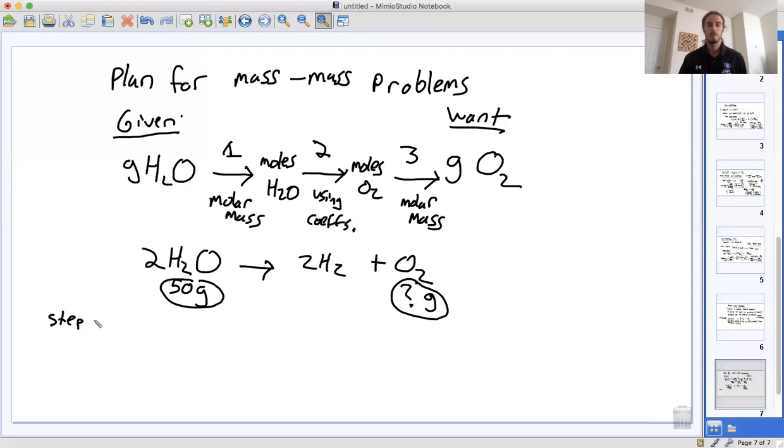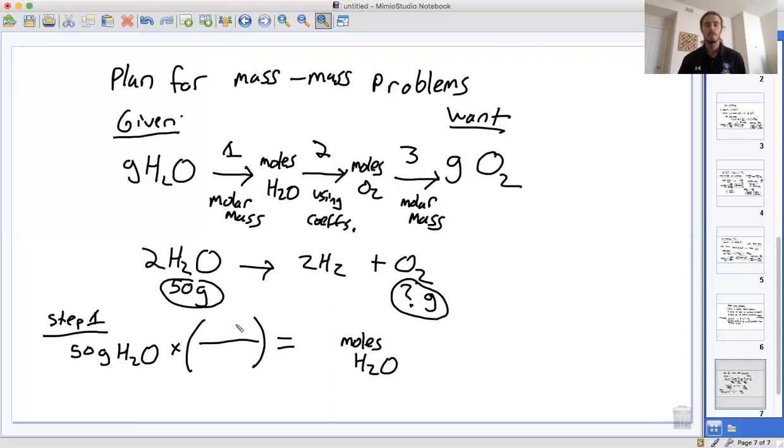Step one, 50 grams of water. I need to multiply by a conversion factor, and for step one, I want to end up with moles of water. Let's figure out what the conversion factor should be.